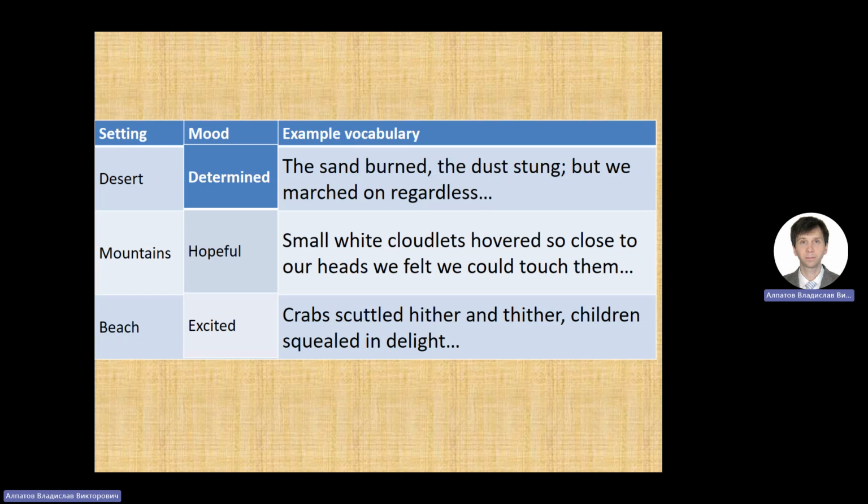The sand burned, the dust stung, but we marched on regardless, right? All these images help to create this. Mountains, the setting, the mood is hopeful. Small white cloudlets hovered so close to our heads, we felt we could touch them.